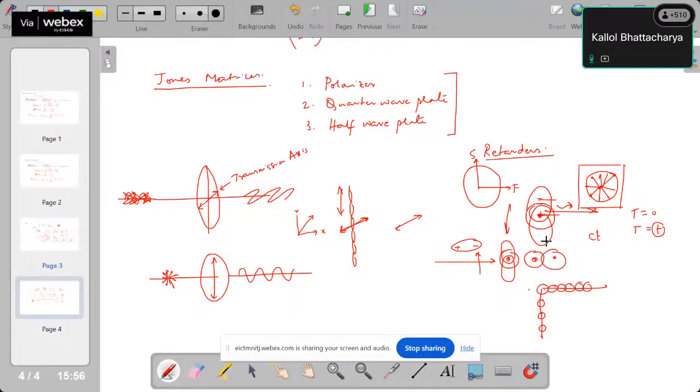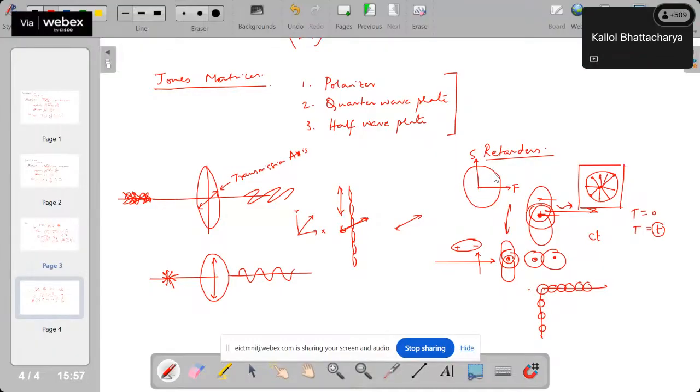The atom absorbs energy and then re-emits energy, and this takes a little time. Therefore light is slowed down. So the more atoms you have in one direction, the more light is slowed down compared to where the number of atoms is less. If the atom density along a certain direction is less, light will travel faster. This is a general rule. There are some exceptions, but we're not going into that.